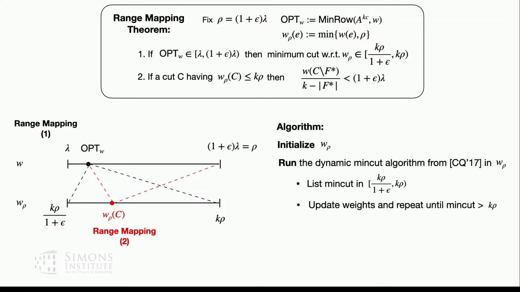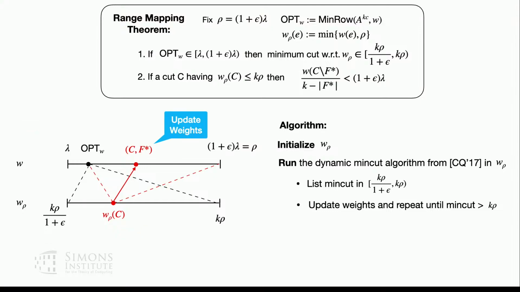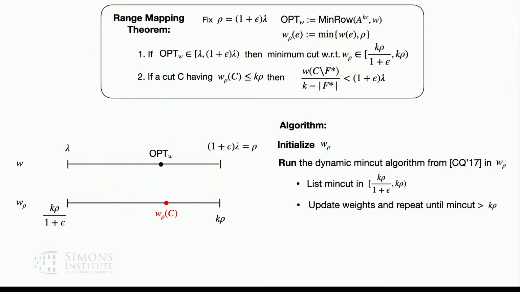And because this cut is inside this range, you can use the second condition of the range mapping to say that you can also identify the corresponding free edge set, and then you will get something that is close to the optimal cut automatically from the theorem. And then when you update the weight, the optimal value and the weight of the cut also increase a bit.